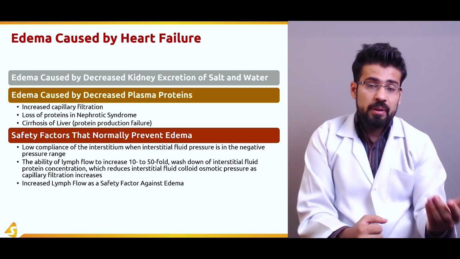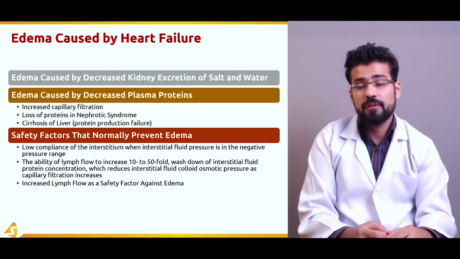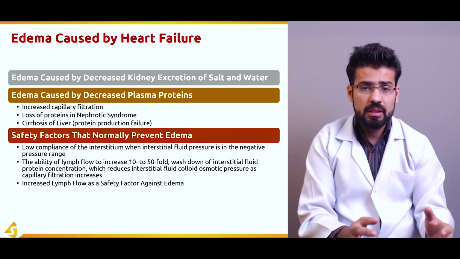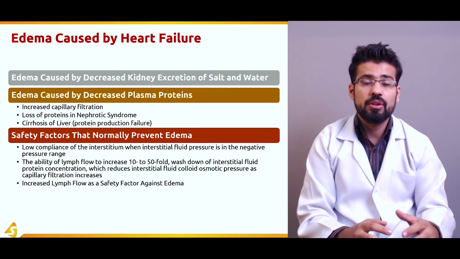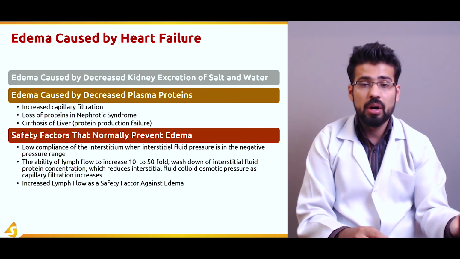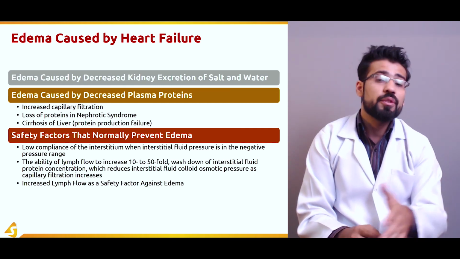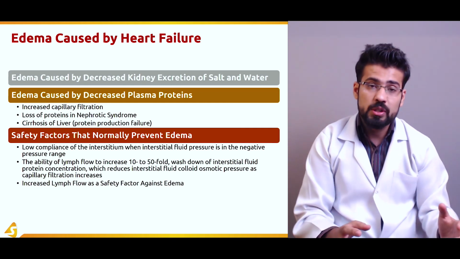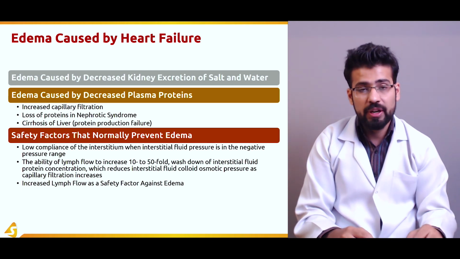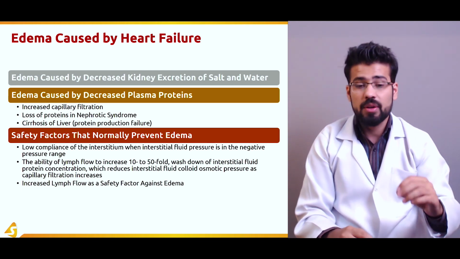The second thing is the ability of the lymph flow. In certain circumstances, when there is a possibility of edema occurring, the lymph flow increases 10 to 50 fold. It washes down the interstitial fluid, specifically the protein concentration.